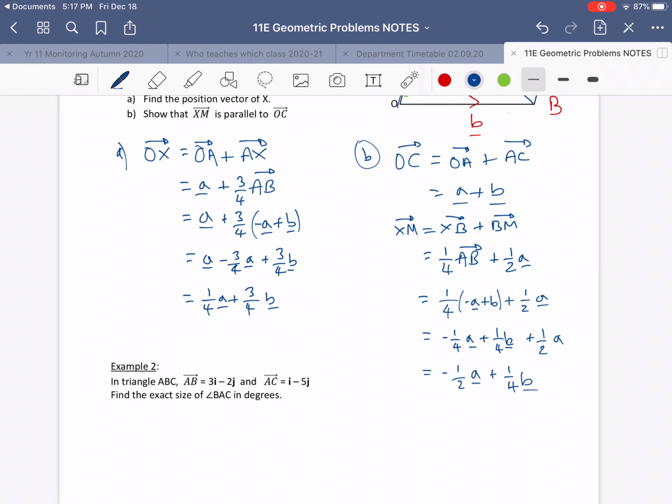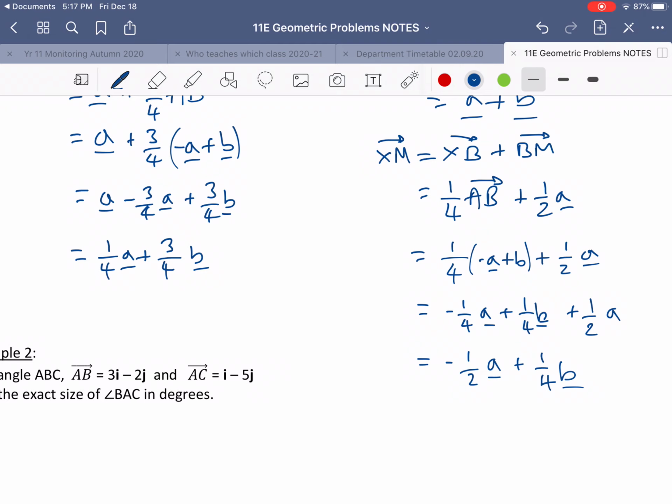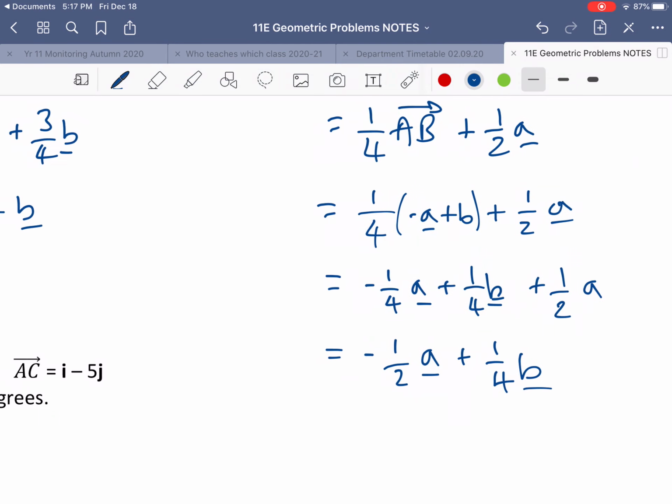So we've now expressed O to C. Sorry, that's not quite right. I've made a mistake, haven't I? So that was wrong. Negative a quarter A plus a half A is a quarter A, positive a quarter A, and then we have a quarter B left over.